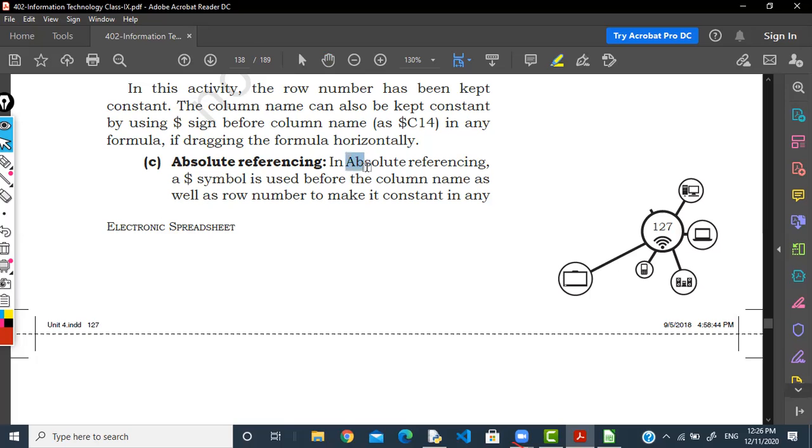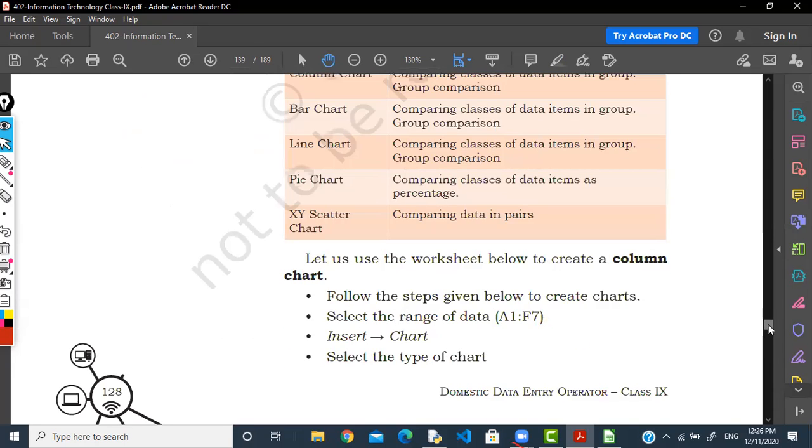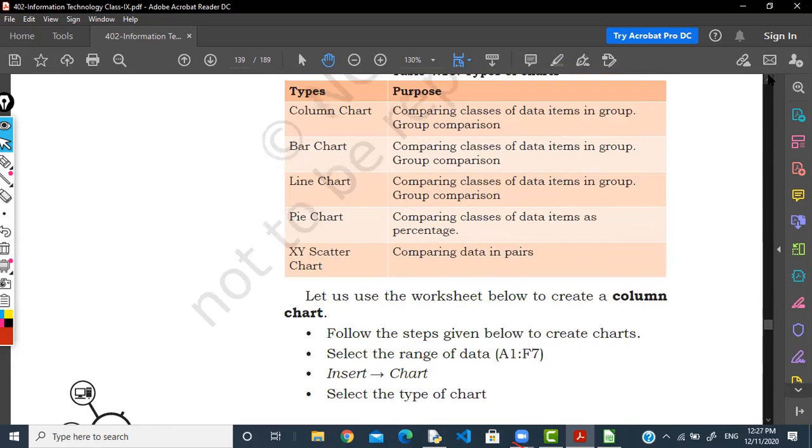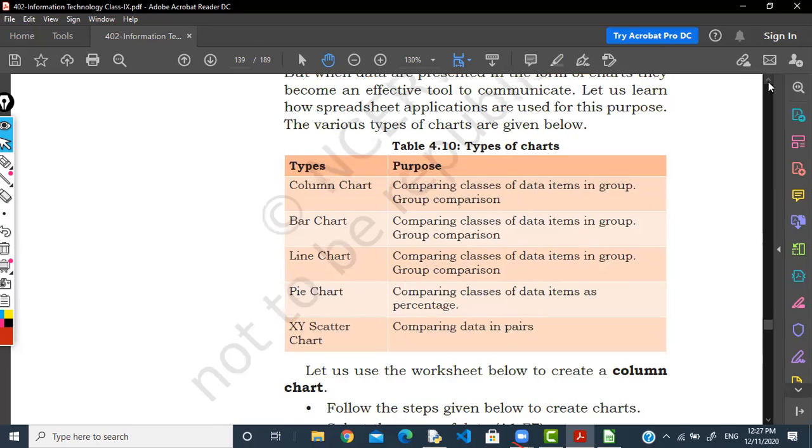In absolute cell referencing, the dollar symbol is used before the column name as well as before the row number to make it constant. And what is the meaning of making it constant? It means that it will never change. Whenever you copy the formula, it's not going to change.